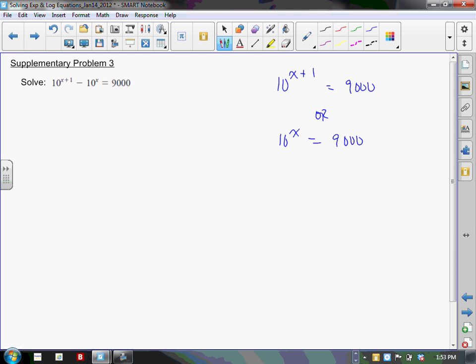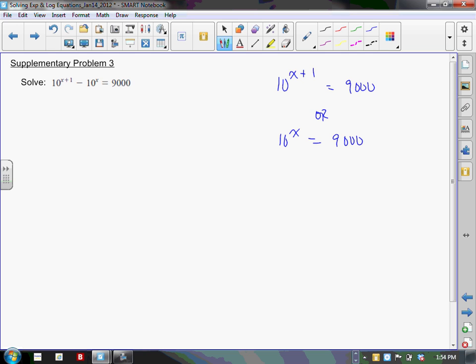We would take the common log of both sides, or maybe use the base 10 log, and use our laws in order to determine the value of x. But the situation becomes complicated, or another strategy is required, when we are trying to add or subtract exponential expressions of the same variable.